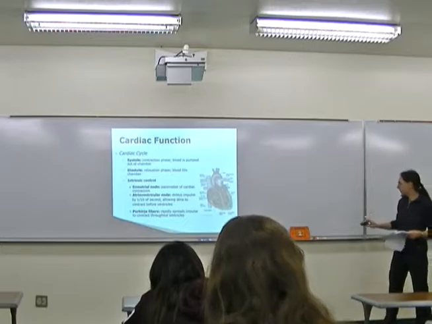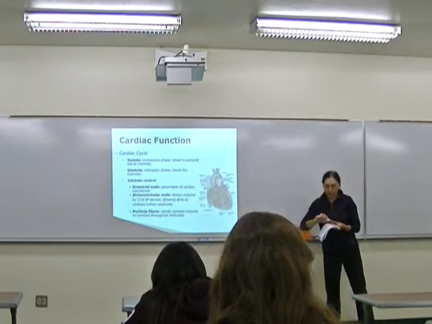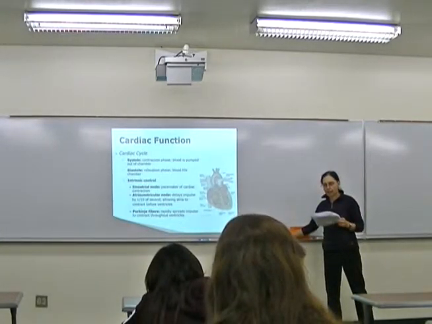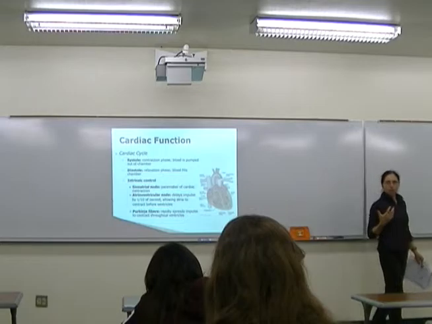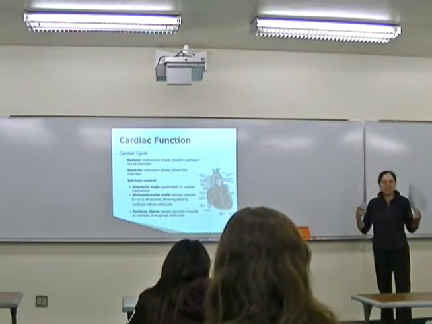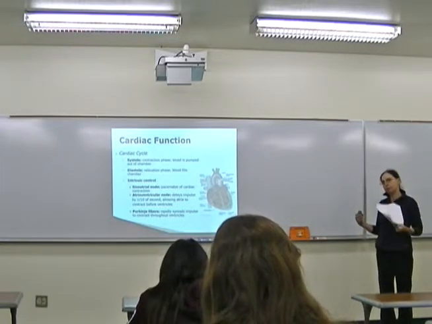The SA node initiates heart contraction at a rate of, on average, 100 beats per minute. So my internal pacemaker sets my heart rate at 100 beats per minute.